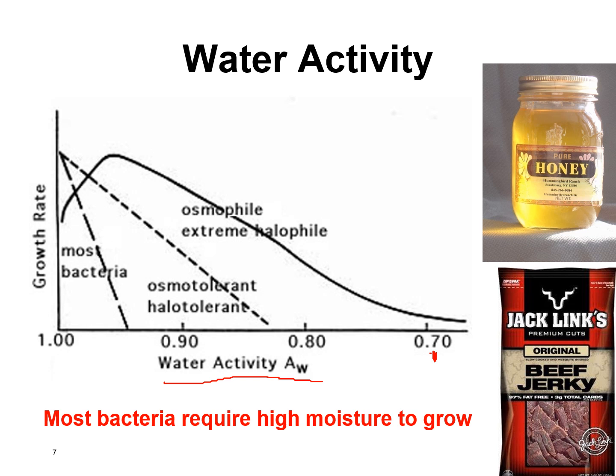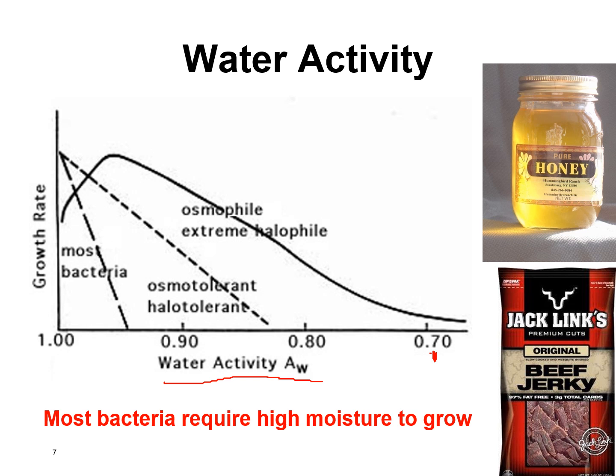And here's the growth rate on the y-axis here, so the number of microorganisms that can be produced as they divide. And you see that most bacteria, they need lots of water available, so they need a very high water activity. Here's our halotolerant bacteria, for example, like Staph aureus living on our skin.